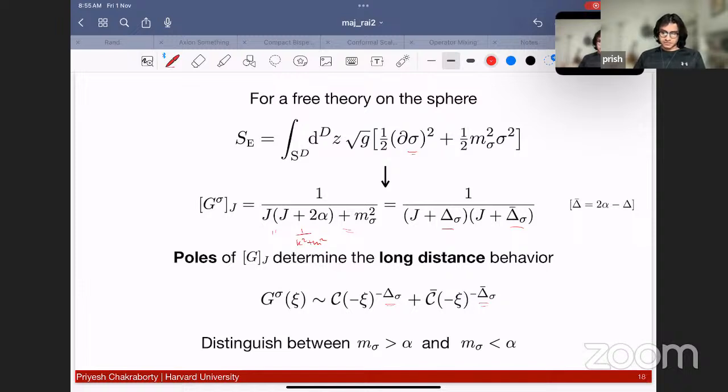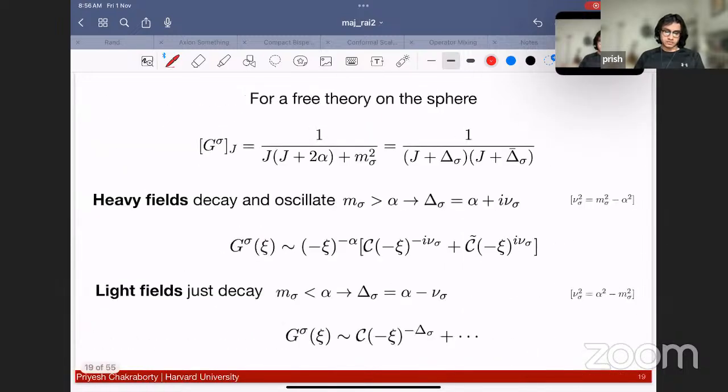At this point, I'll just find it useful to note that, as I said before, I'll be distinguishing between something which is heavy and something which is light, depending on whether the mass is larger than or smaller than alpha. Just a reminder, alpha is 3 halves in 4 dimensions. So for a sphere, if your particle is heavy, the scaling dimension has real part alpha plus i nu, where this nu is the same mass parameter that we saw before.